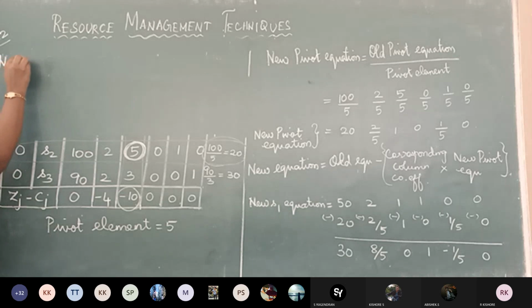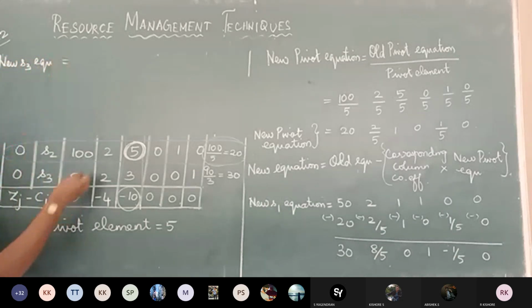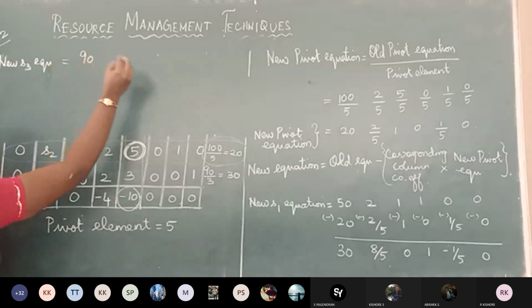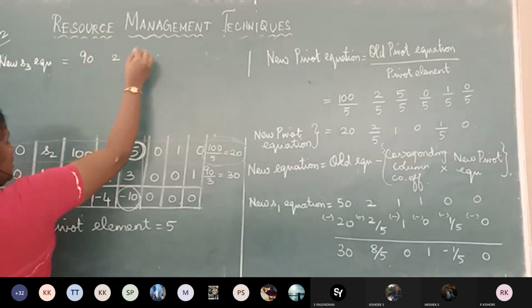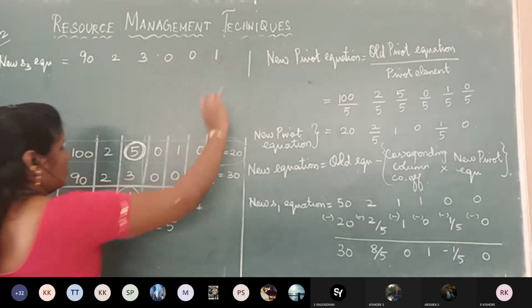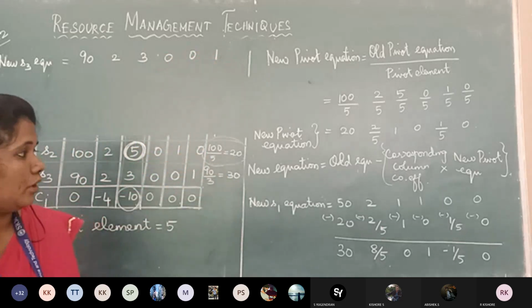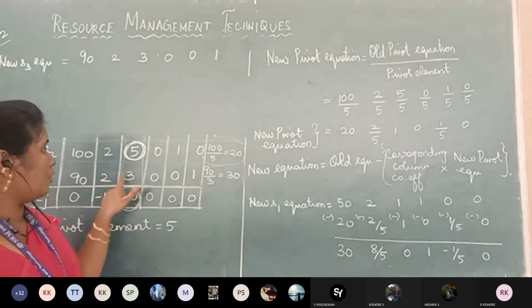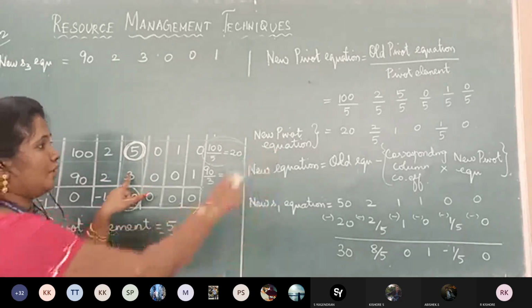You're finding your new S3 equation. First, write your old S3 equation, 90, 2, 3, 0, 0, 1. Old equation I've written. Next, you have to multiply the corresponding column coefficient into your new pivot equation.